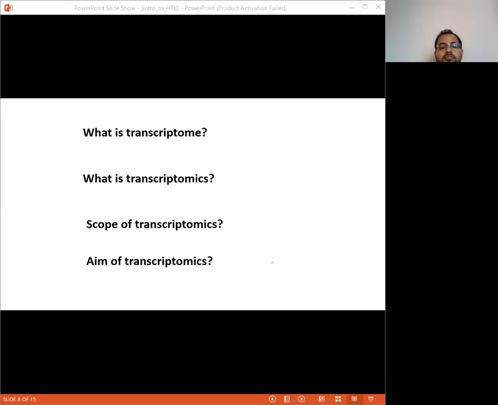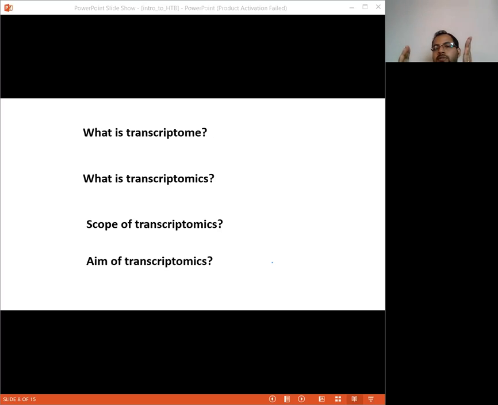And we can also quantify, and we can also compare the expression levels of each of the transcripts present in a sample during any disease condition or any stress condition. Okay, so that is known as differential gene expression. When we are talking about differential gene expression, that means we are trying to compare the expression levels of the genes in a condition with respect to a control.